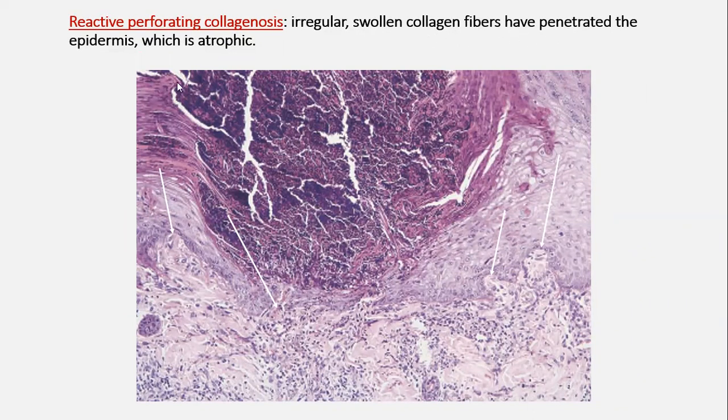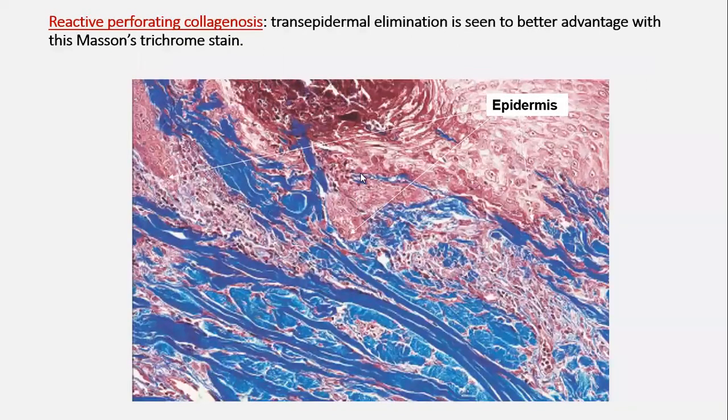The collagen fibers are penetrating the epidermis, which is atrophic. So the collagen bundles are penetrating this atrophic epidermis and extruding out. If we do the Masson trichrome stain, the collagen fibers are highlighted and seen here as the material extruding out. They are vertically oriented and extruding out of the atrophic epidermis.